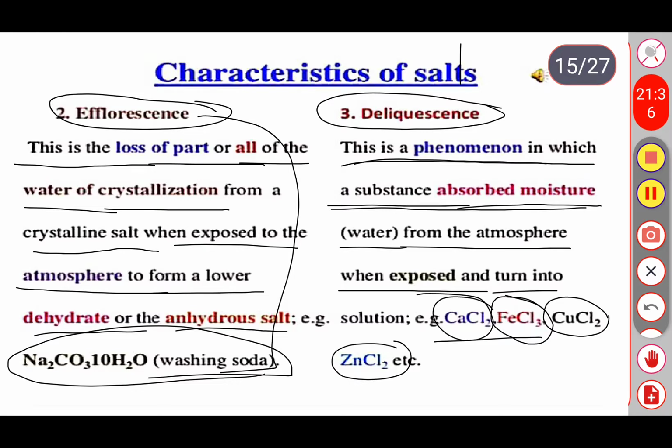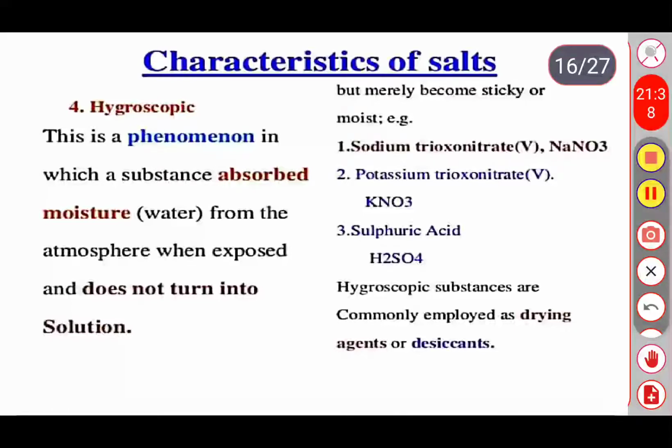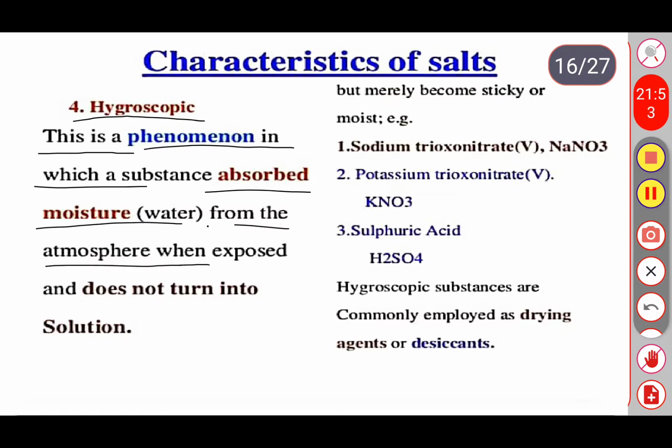Next one, the fourth characteristic is hygroscopic. This is the phenomenon in which a substance absorbs moisture or water from the atmosphere when exposed and does not turn into solution.